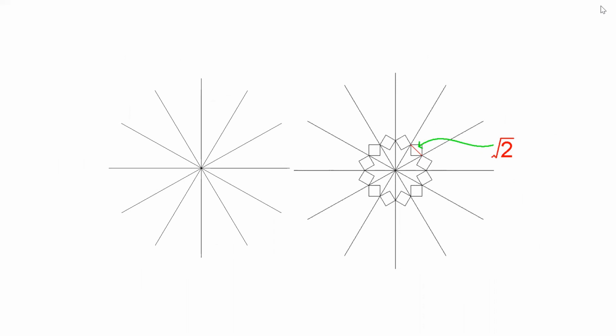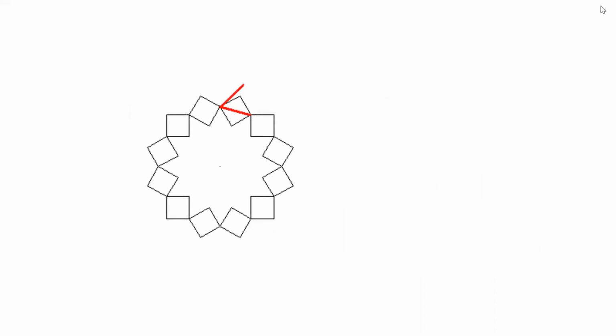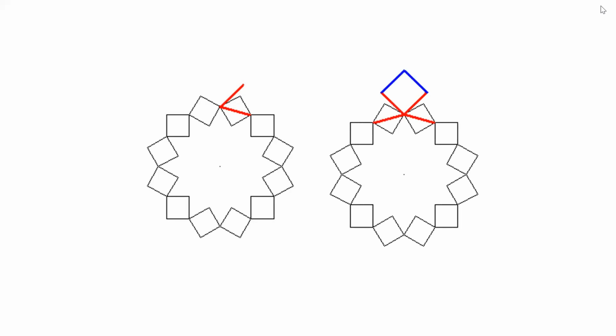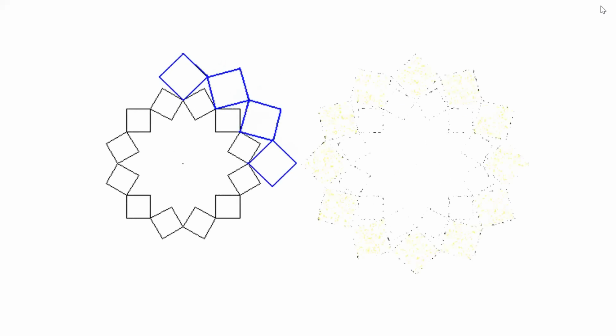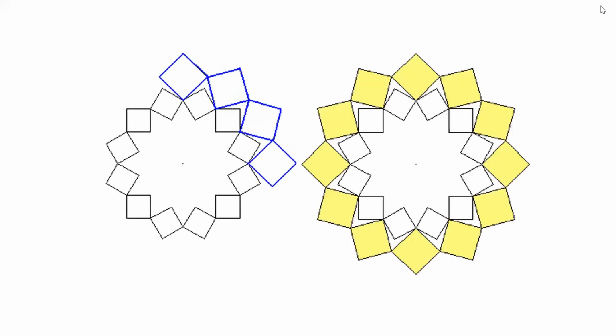When we connect the diagonal of one of these squares, that length would be the square root of 2, so an irrational number. And if we take that diagonal and swing it out by 60 degrees, and also do it to the square next to it, we can proceed to generate a second square in a layer above this layer of squares, and carry on drawing these kind of squares, so we get a whole second layer of diagonal squares around the first layer.